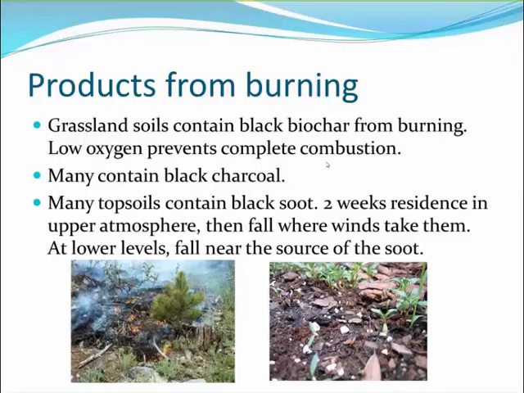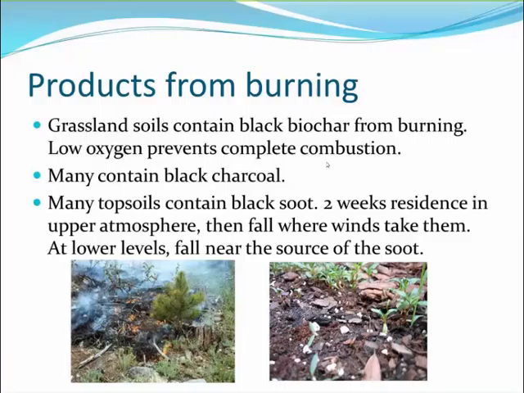if it's a very hot fire, the black soot will go into the upper atmosphere and stay there for 2 weeks. And it circles the globe, and then it falls wherever the wind takes it. And so there are certain parts of the earth where that gets concentrated, and the black soot falls even more so than other places.